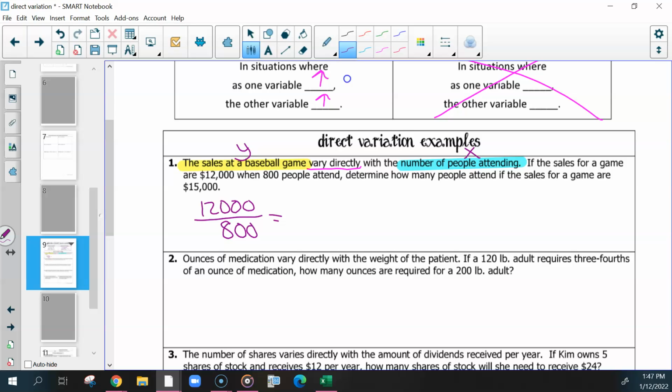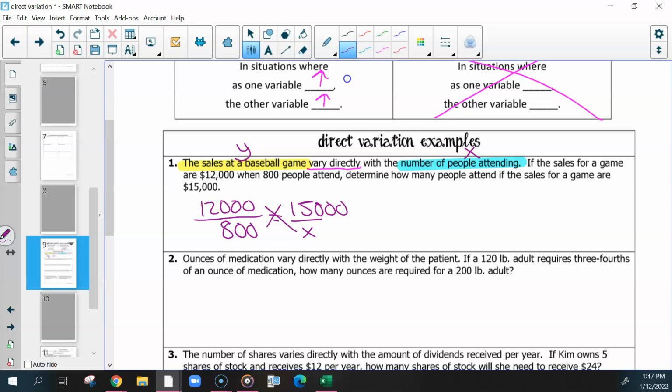That's our x, so that's going to stay x. But we do know that there's 15,000 in sales. So it looks much harder than it really is, but it's really the same thing we were just doing.